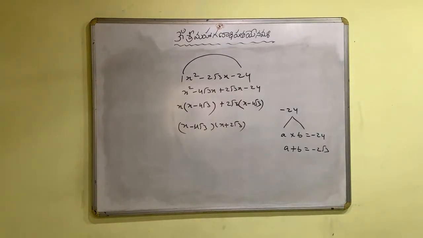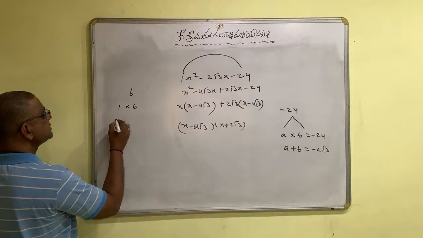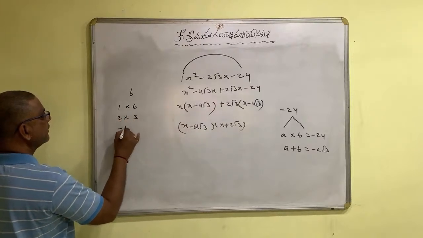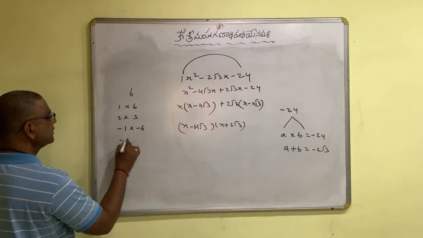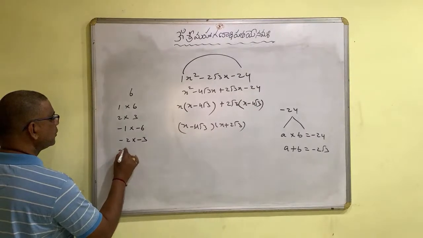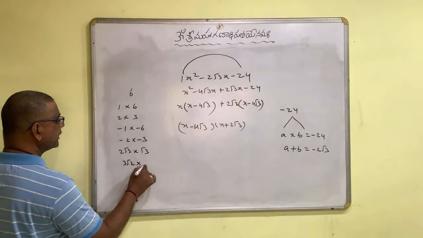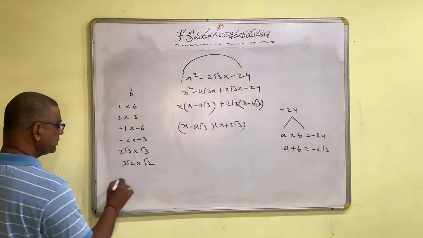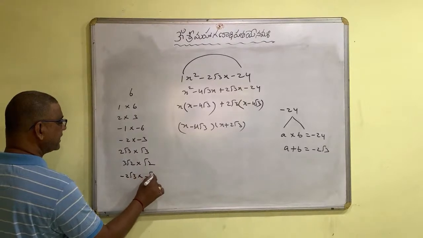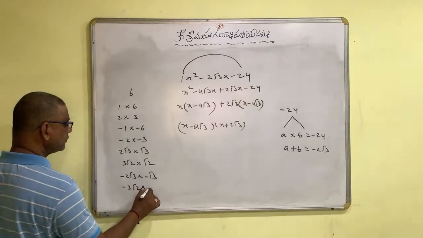See, అంటే ఇప్పుడు 6 ఉంది. 6 we can write 1 into 6, 2 into 3, negative 1 into negative 6, negative 2 into negative 3. 2 root 3 into root 3, 3 root 2 into root 2, minus 2 root 3 into minus root 3, minus 3 root 2 into root 2.